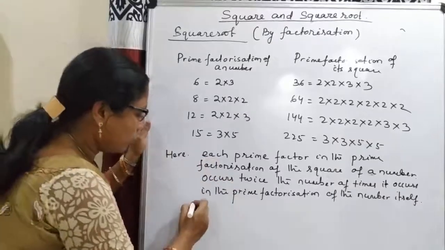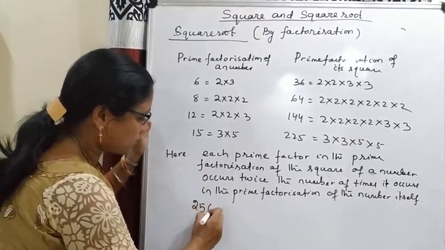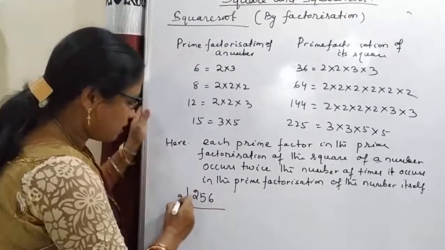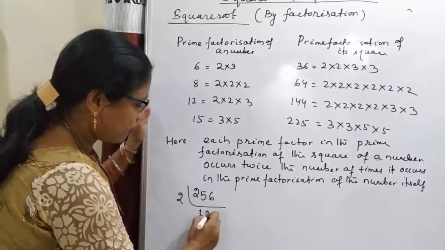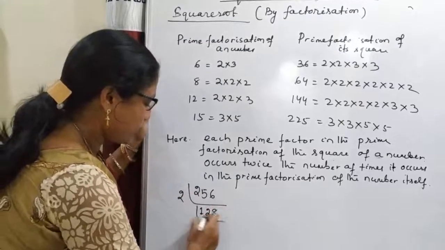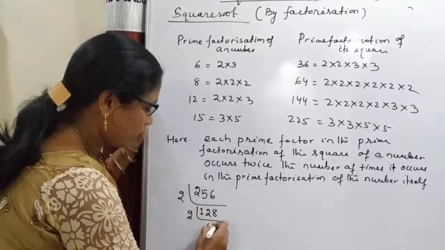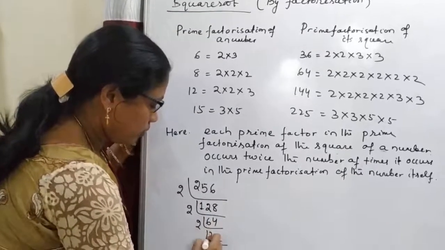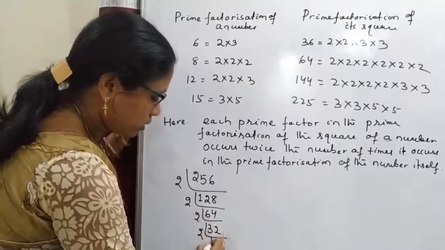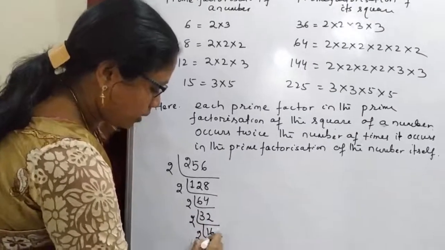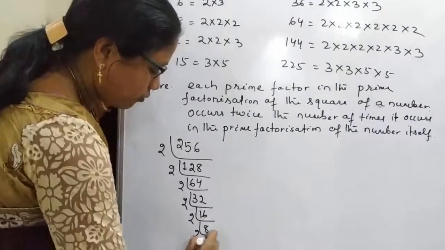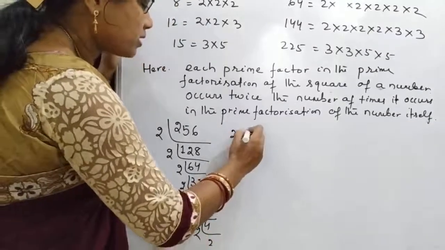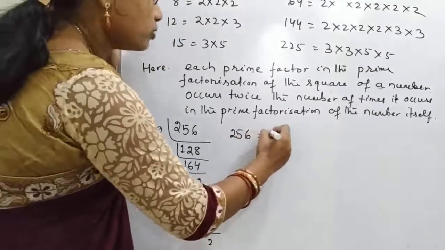For example, 256. First we have to factorize this. 256, 2, 128, again 2, then 2, 32, then 2, 16, 2, 8, 2, 4, 2, 2. So 256 is equal to 2 multiplied eight times.